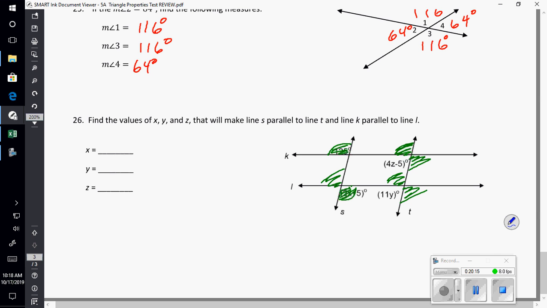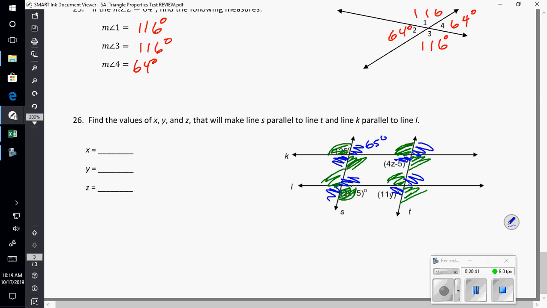These angles, 8 congruent angles, they're all 125. These angles are also congruent, but they're not 125. They are a supplement to 125, which means they have to be 65 degrees. So all the blue ones are 65 degrees.